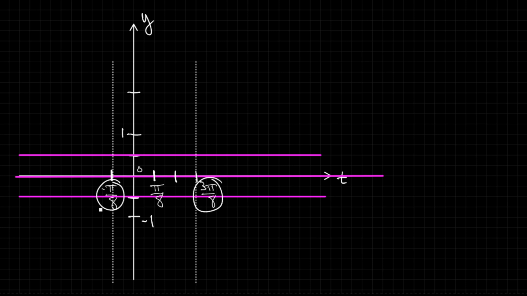And then halfway between pi over 8 and 3 pi over 8, you can visually see is pi over 8. Halfway between pi over 8 and minus pi over 8 is 0. And halfway between pi over 8 and 3 pi over 8 is pi over 2. Or excuse me, pi over 4. But I'll go ahead and run through the calculations.